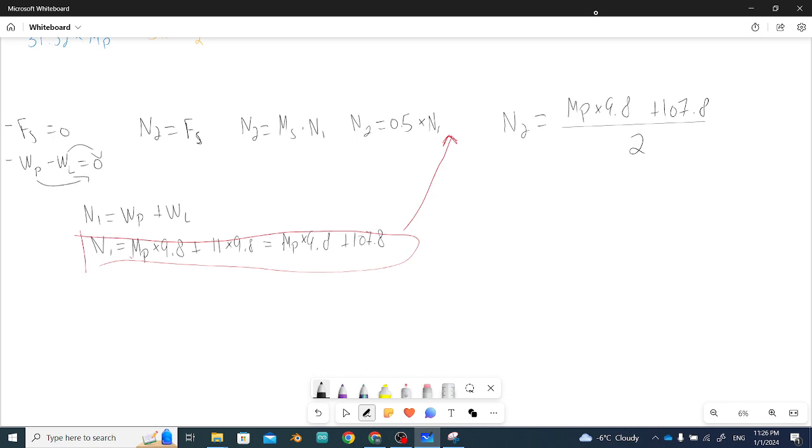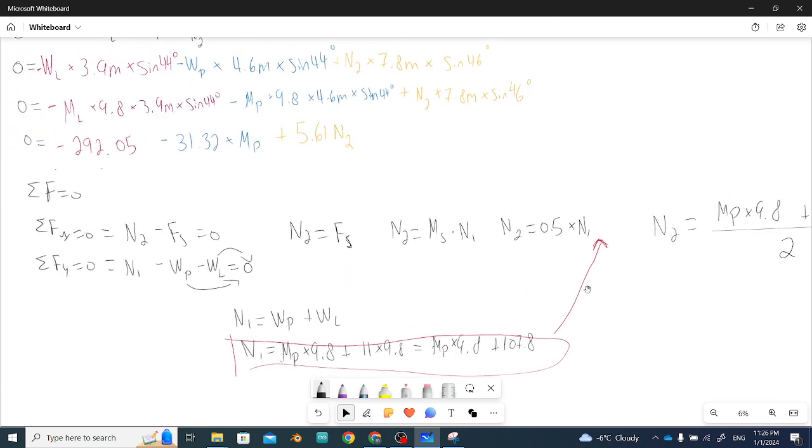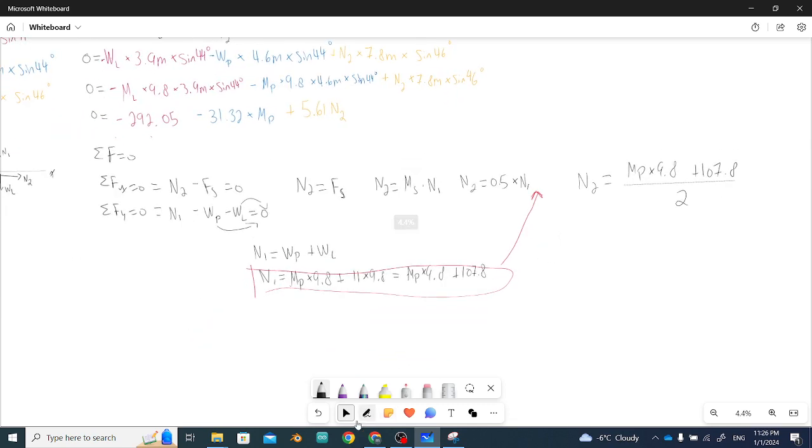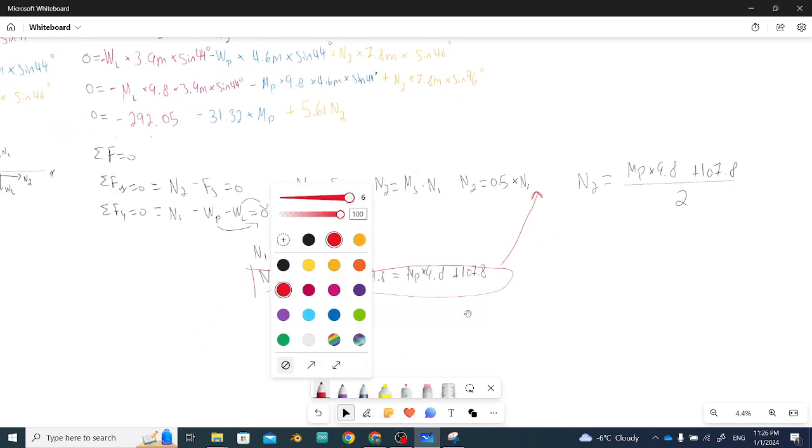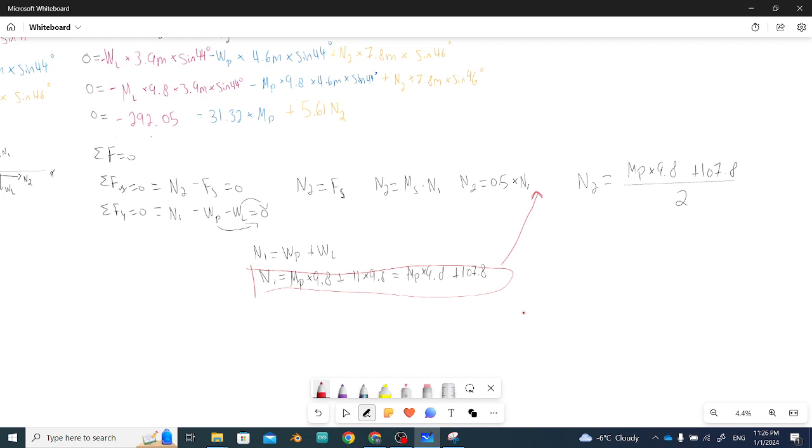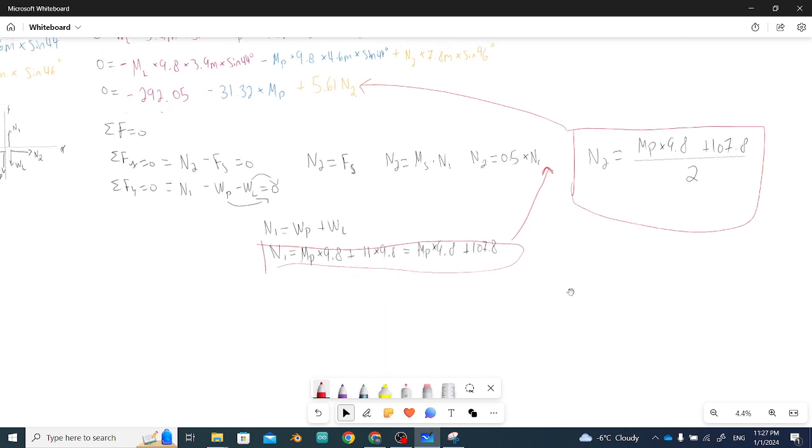And then we're going to plug that into the final equation. It would leave us with only one unknown variable, which would be the mass of the painter, and we will solve that.